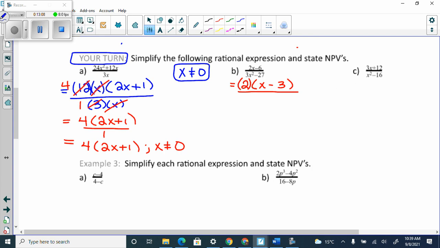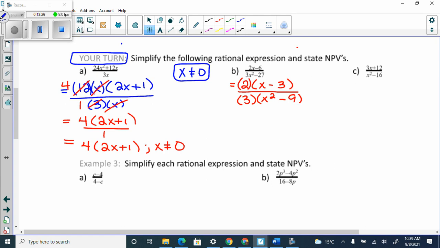A 3 and 27. What can you divide out of both of them? A 3. 3x squared, take out a 3. I'm left with x squared minus 27 divided by 3 is 9.